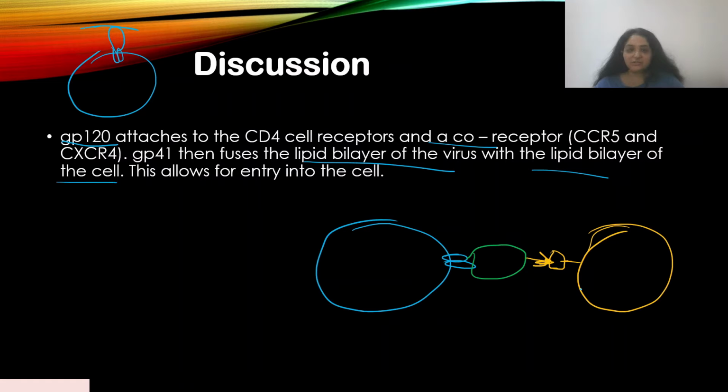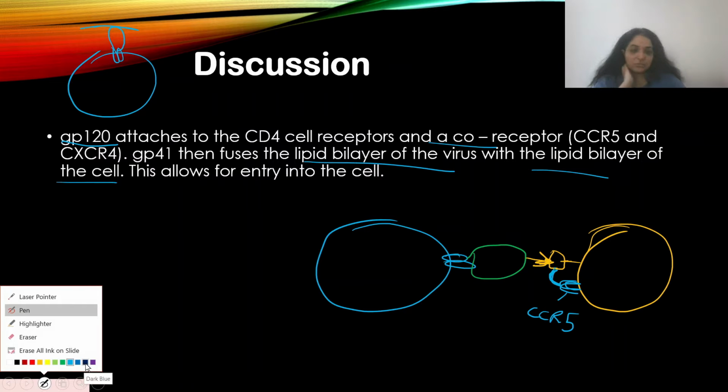Okay, it's not just CD4. So let's say CCR5 is here. Okay, CCR5 receptor is here. There's an arm that attaches itself to the CCR5. So this is how the virus acts. Okay, it has an initial receptor which is CD4 and a co-receptor. That job is done. Now it's the job of GP41. Now what does GP41 do?